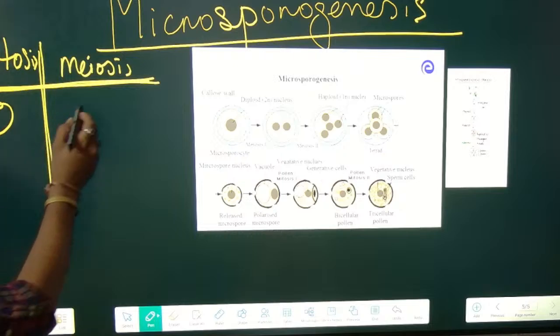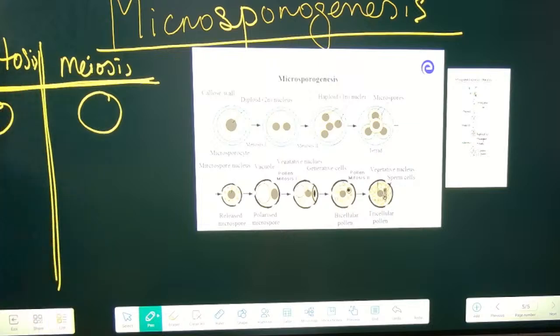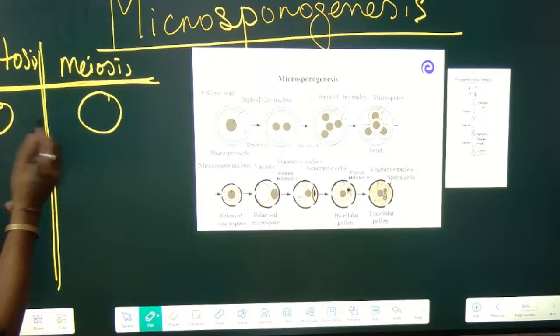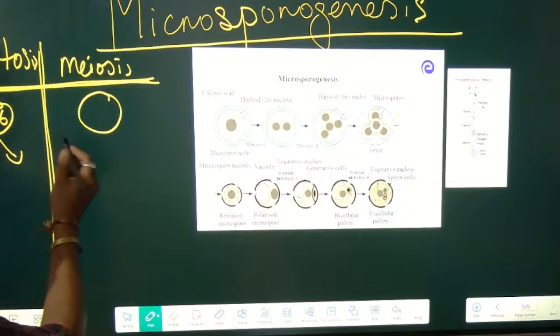So during the division of the mitosis process, the number of chromosomes, let's take an example like a human being. A human being cell contains 46 chromosomes.